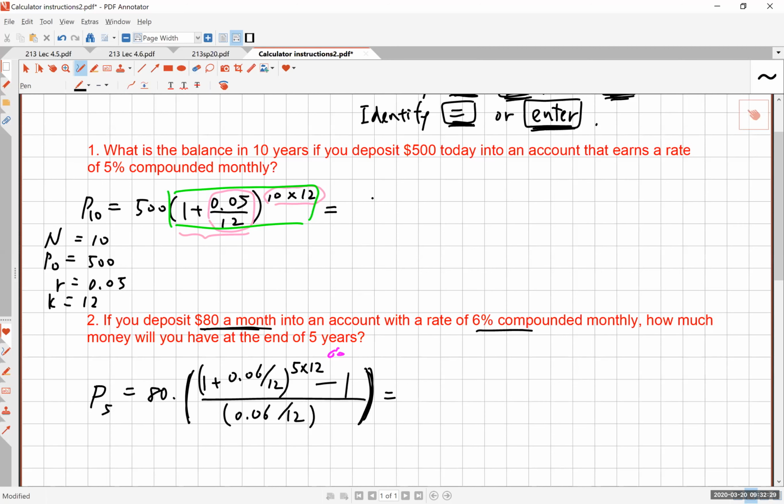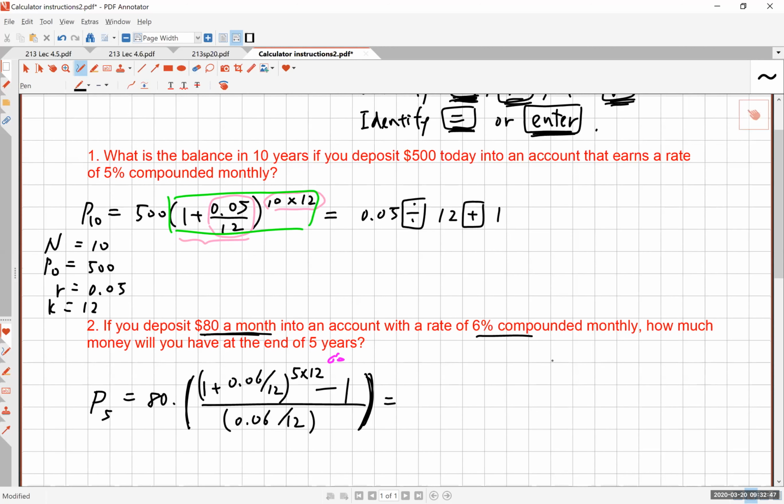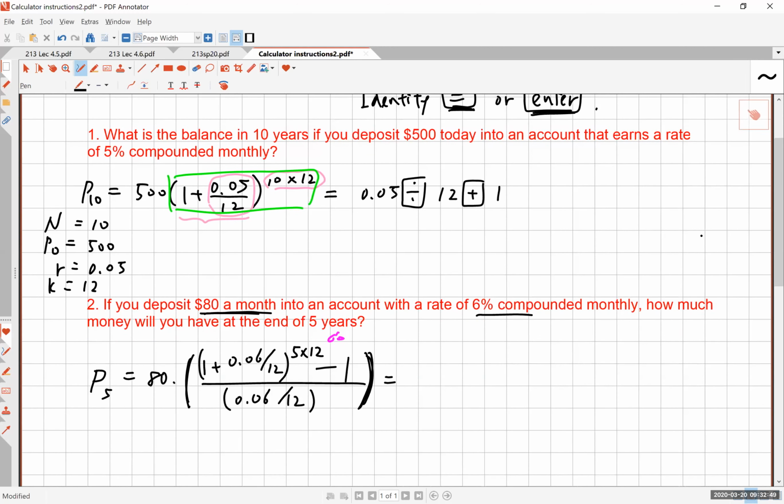As I will show you in just a second, first I will do 0.05 divided by 12. You can put an equal sign, or you can just add 1 to it. The problem says 1 plus this, but that's the same as this fraction plus 1, because addition is commutative.